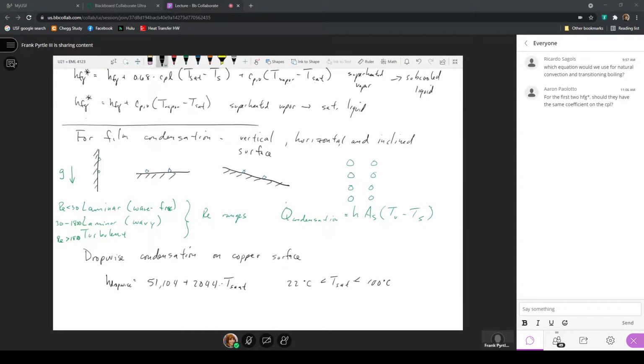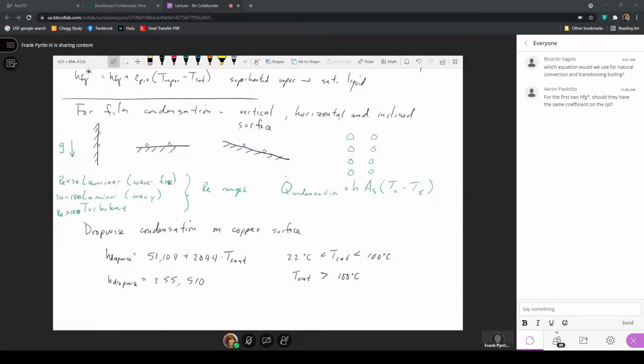When the saturation temperature is greater than 100 degrees, it's just a single value of 255,510 for the heat transfer coefficient. So the units associated with both these expressions are just watts per meter squared Kelvin.